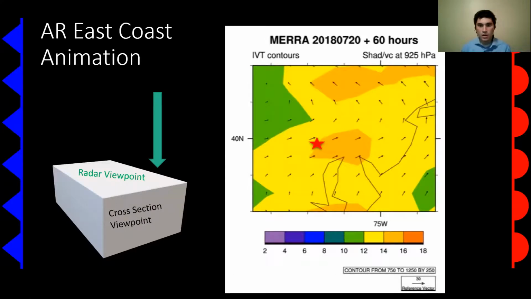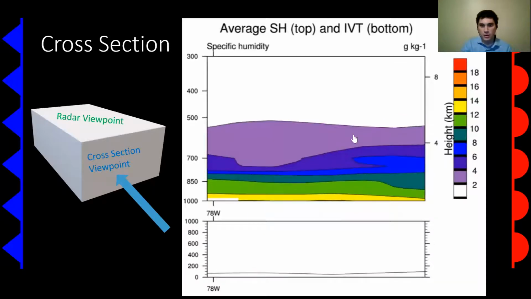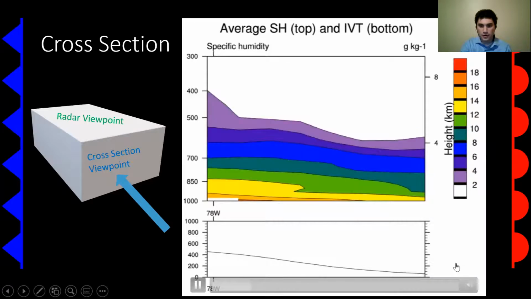And so take a mental snapshot of this, and we see a cross section, and we're looking through the atmosphere. Imagine you're standing on top of a hill and looking through the atmosphere. And the top here, you have specific humidity. And at the bottom here, you have IVT values.